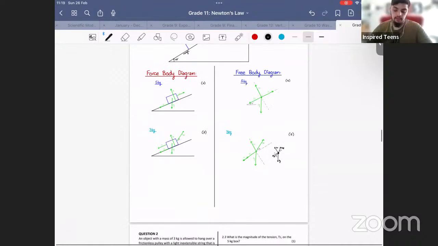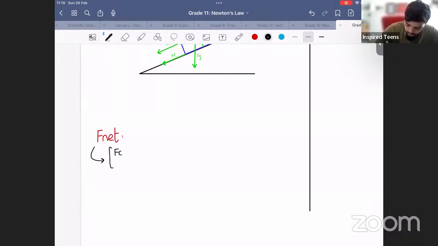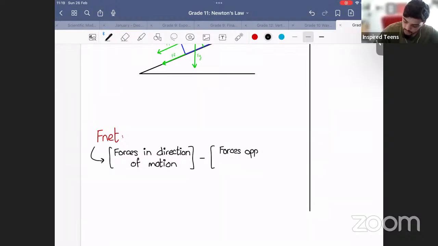Okay, we'll write it here. F net is always broken down with forces in the direction of motion minus forces opposite to the direction of motion.